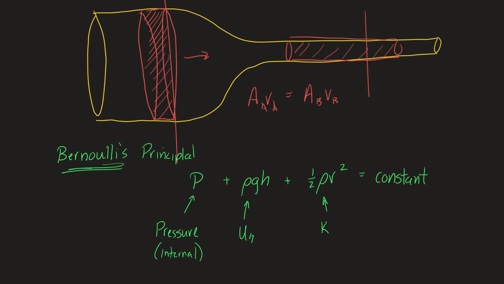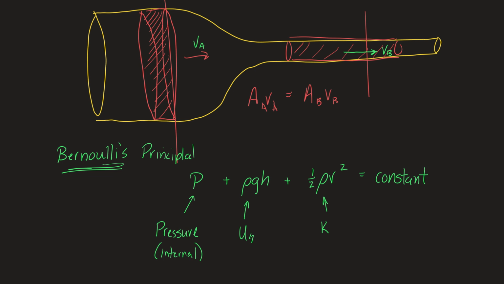Let me kind of show you what that means. We have an example above us, right? With this water going through a wide pipe and then going into a narrower pipe, right? And let's say that the fluid is flowing in this direction. So this is VA, and over here is VB.